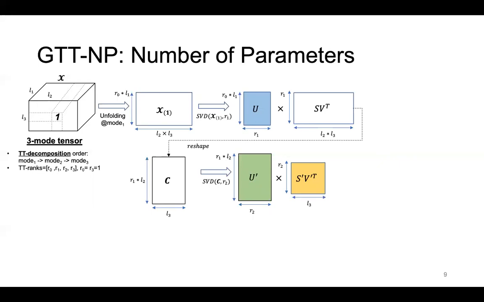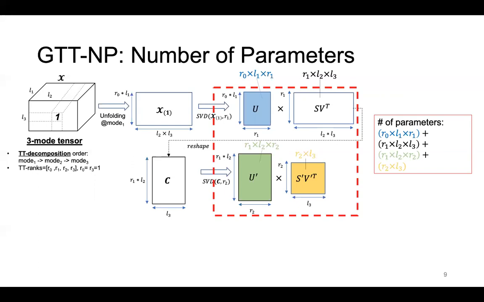When we apply the SVD to our unfolding matrix and also the reshaping matrix, we can see in this decomposition, the number of parameters we need to solve depends on the size of the U matrix, S matrix, and the V matrix when we apply the SVD decomposition.